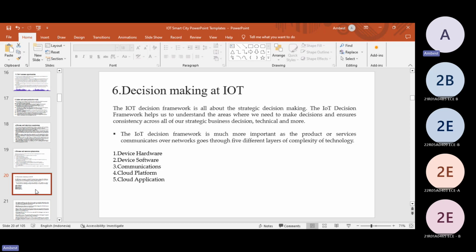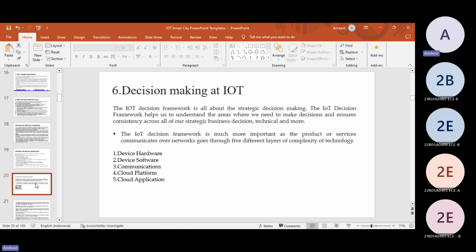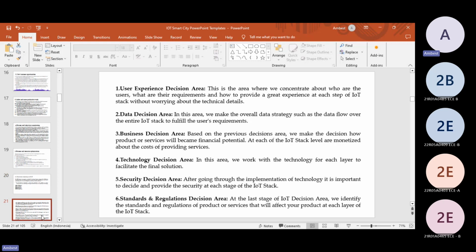With these only, everything gets implemented, whether it's coming to the financial or the technical, the cost of a product and services, any final solutions, security purposes, or verifying the regulations and standards. Whatever it is comes under the decision-making process, and with these things of a framework only, we're going to decide this whole big process.